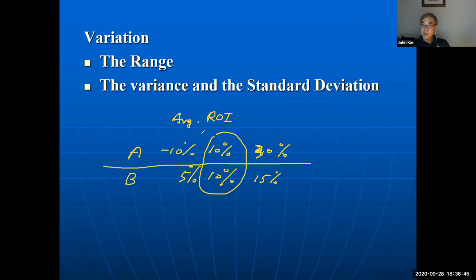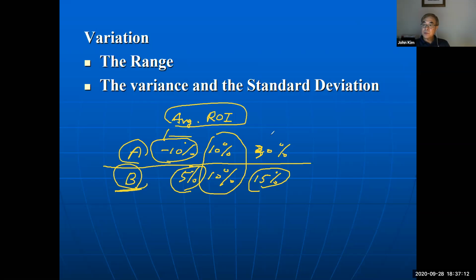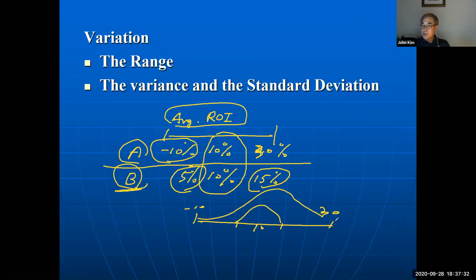For stock B, it is 15% in good conditions and 5% in bad conditions. Even though A and B have the same average ROI, the range is different: 30 and negative 10 here, and 15 and 5 there.